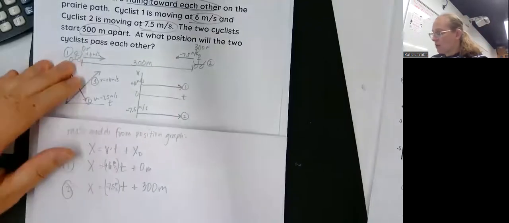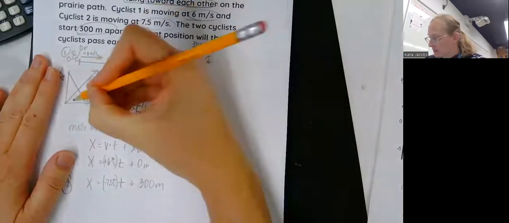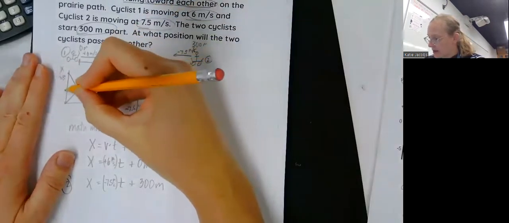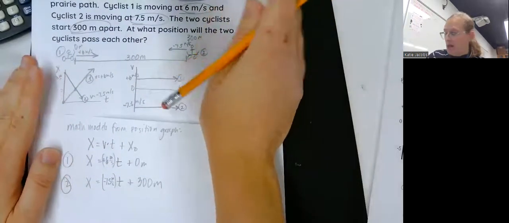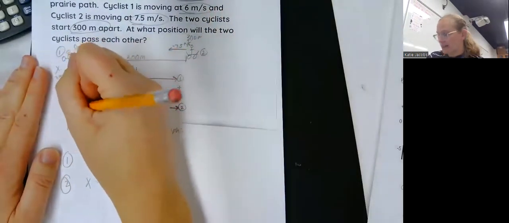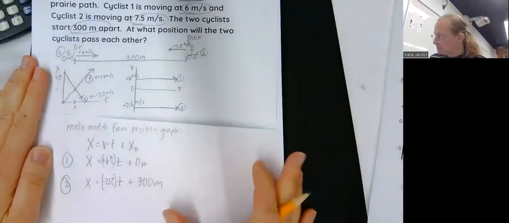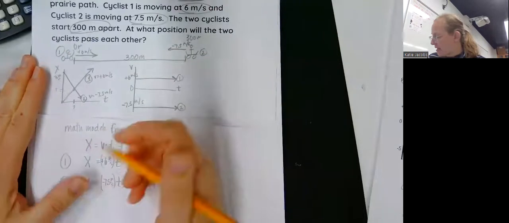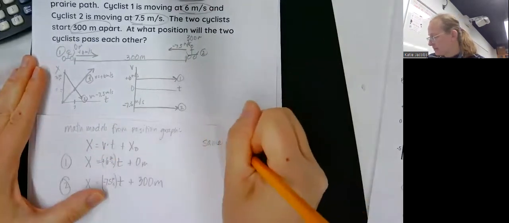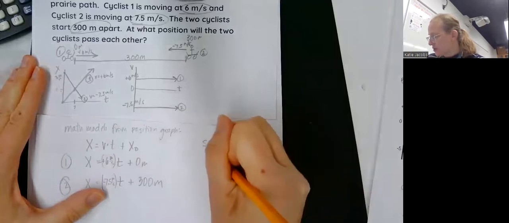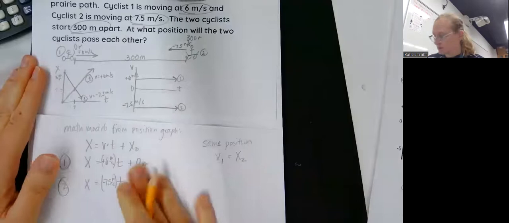Now, they want to know the position that the two pass each other, which would be this position right here. I'm not exactly sure how to get that position yet, but I do know how to get the time they need. Whenever I want to solve for time, I have to remember that if they're at the same position, then the position of cyclist 1 equals the position of cyclist 2.